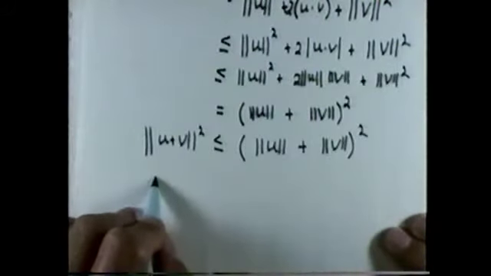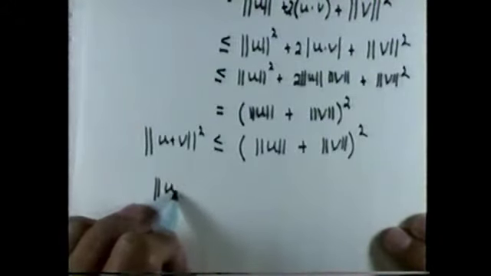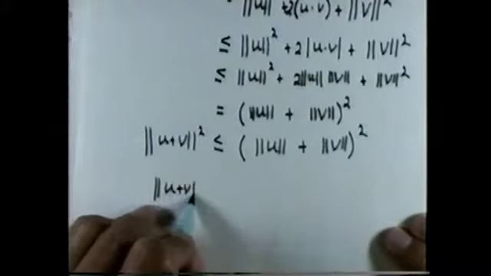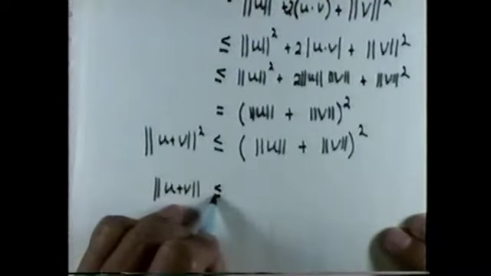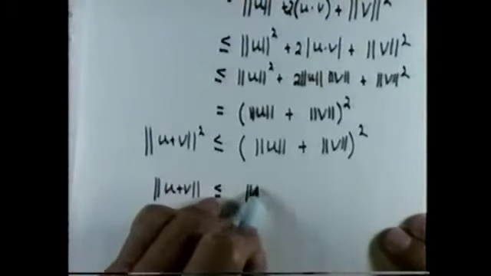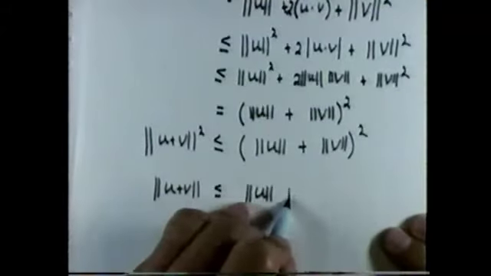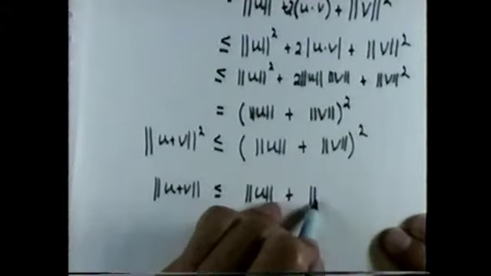Now these two quantities are obviously positive, so taking the square root of both sides, I get the magnitude of u plus v is less than or equal to the magnitude of u plus the magnitude of v, which is what we're trying to prove.